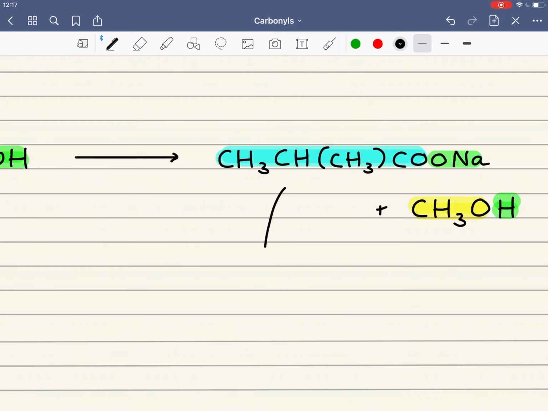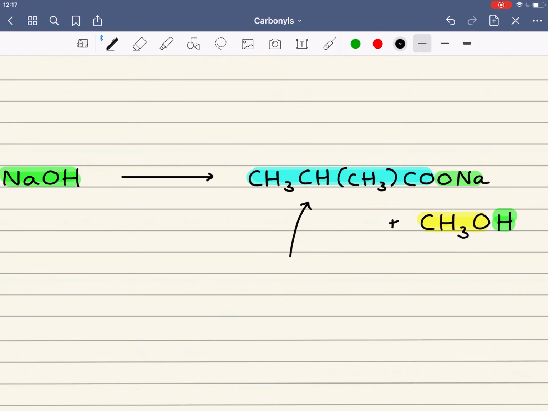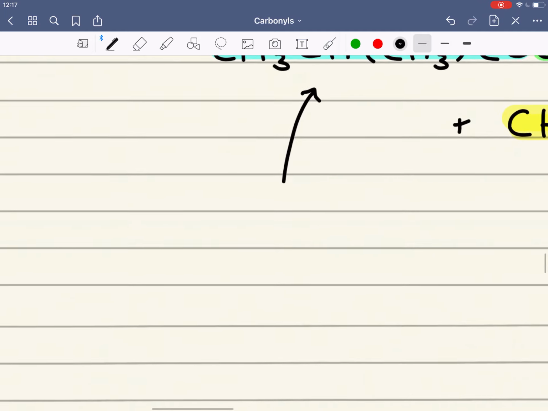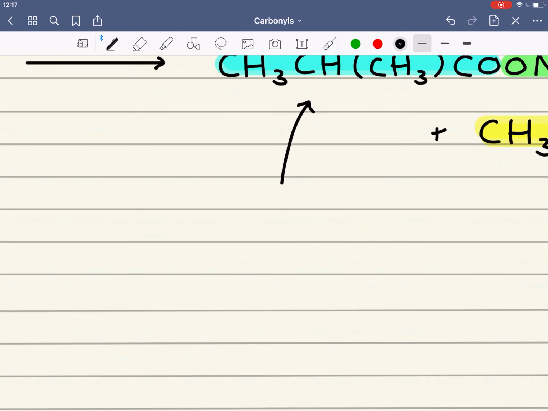And if I was going to name that, you've got to think, what would the acid be called? Well, the acid would be called methyl propanoic acid. Instead of calling it methyl propanoic acid, we now call it sodium methyl propanoate.